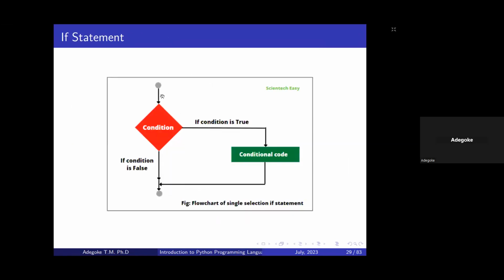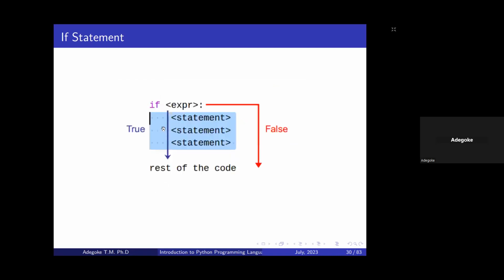So this is the flow chart. The flow chart shows the condition: if the person is more than 18, it will run this particular code. But if the person is not more than 18, nothing is done, and no decision will be taken. For the if statement, as I said, you will start with if, with your expression, which is the condition you want the computer to take into consideration, followed by a colon.